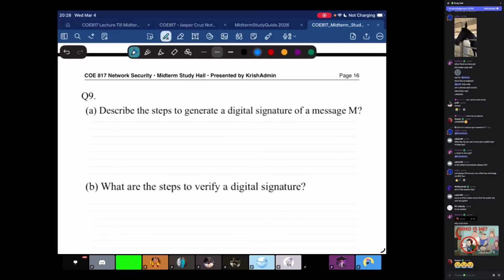Okay. Question number 9. Describe the steps to generate a digital signature of a message given M. So let's call this block M. To generate a digital signature from it, you're going to apply a hashing algorithm that will produce a message digest.